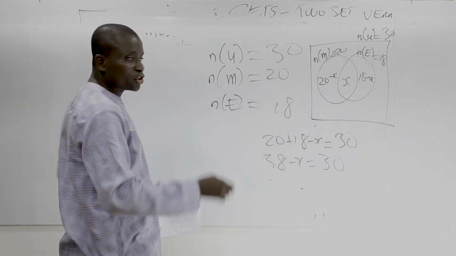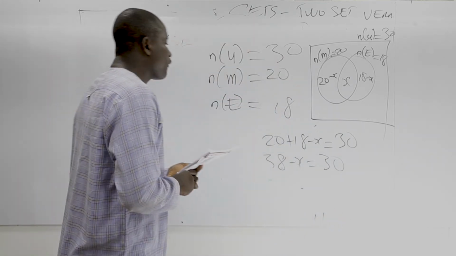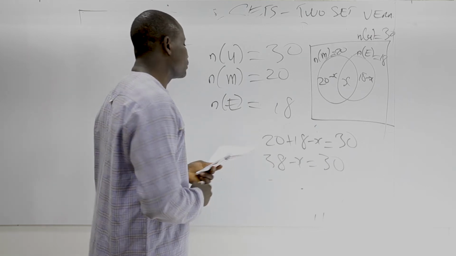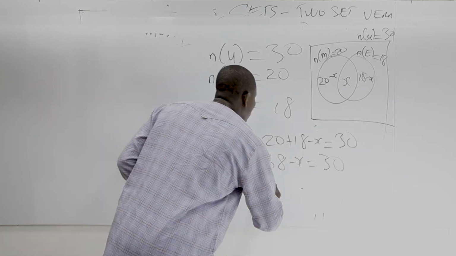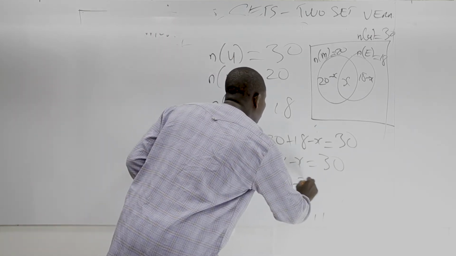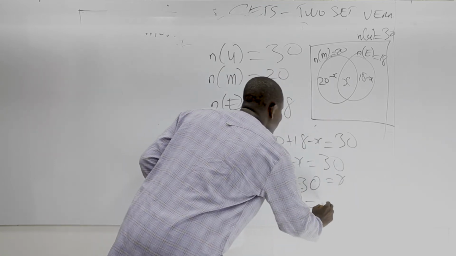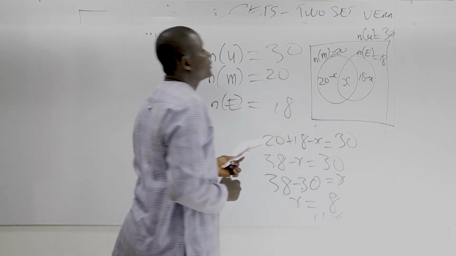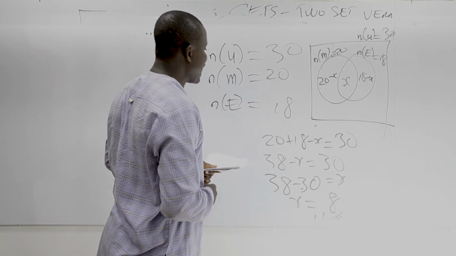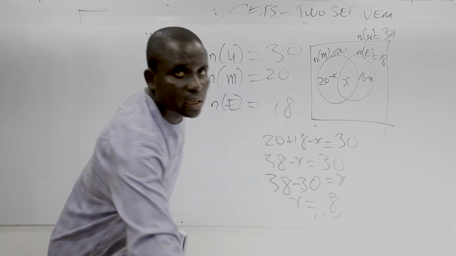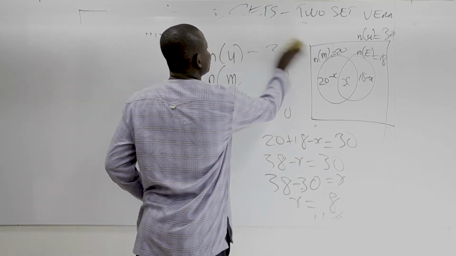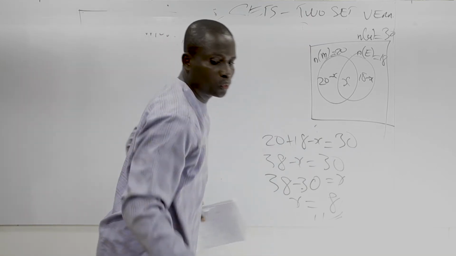Some people find negatives difficult, so I can just write 38 minus 30 is equal to X. So X is equal to 8.